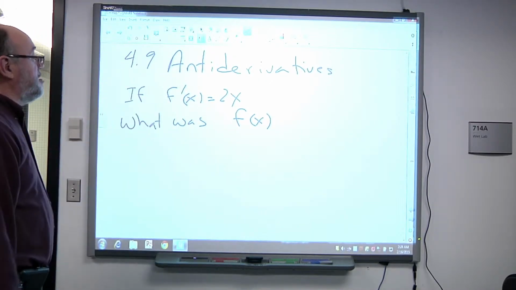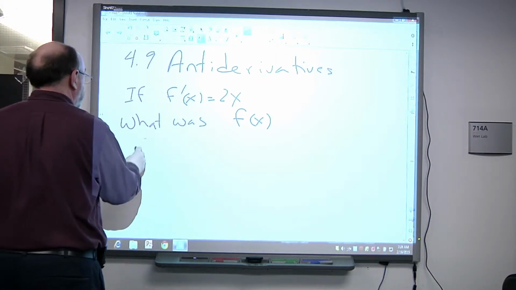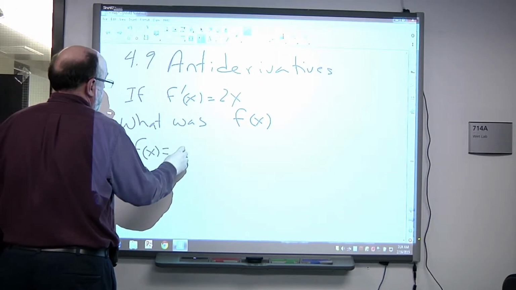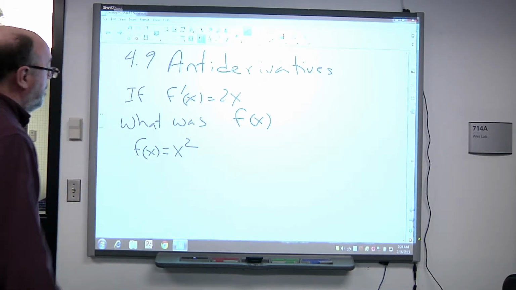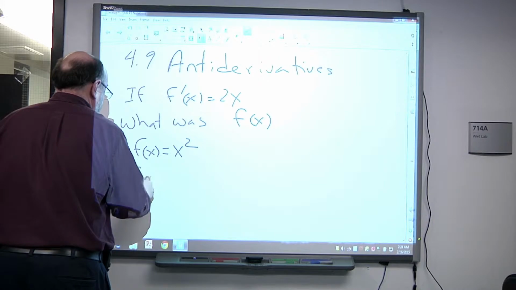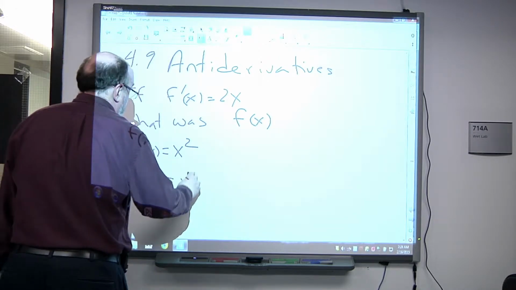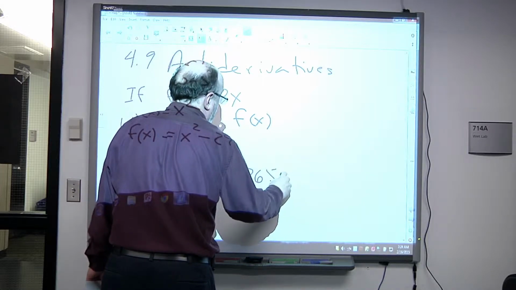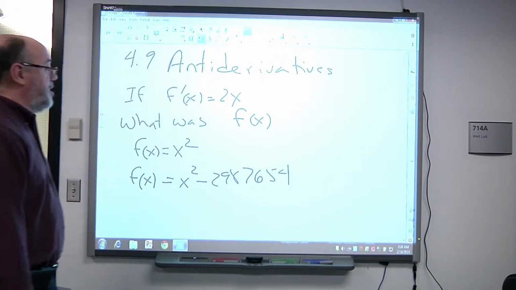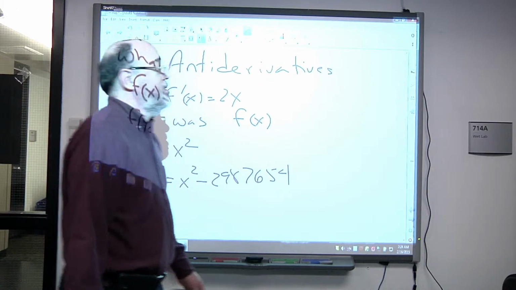So what was the original that gave me that derivative? Well, there are some possibilities. It could have been f of x was x squared, because that would give me that derivative. It could have been f of x was x squared minus 2,987,654, because that also would give me a derivative of 2x.